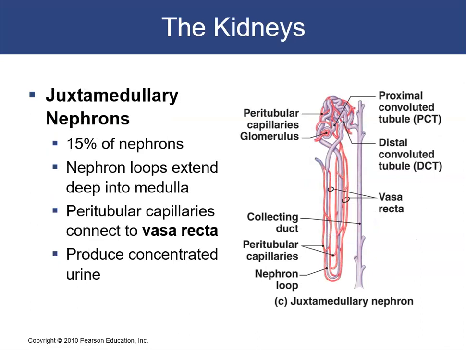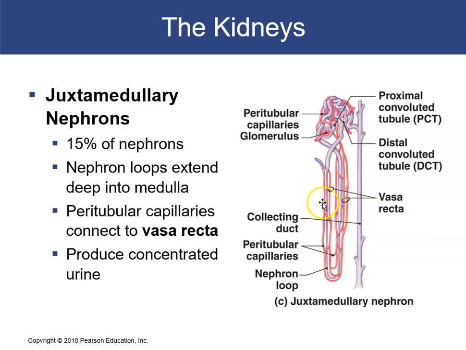The other type of nephron are the juxtamedullary nephrons. Only about 15% of the nephrons are in this form. Their loop of Henles are real long and can extend deep down into the medulla. They have the peritubular capillaries that we saw in the cortical nephrons, but the peritubular capillaries here give rise to a second set of capillaries called the vasa recta.